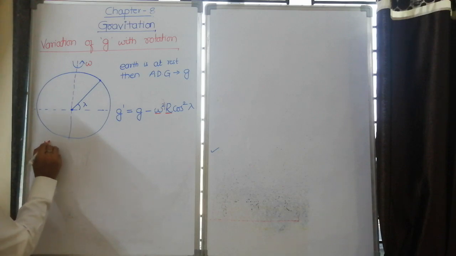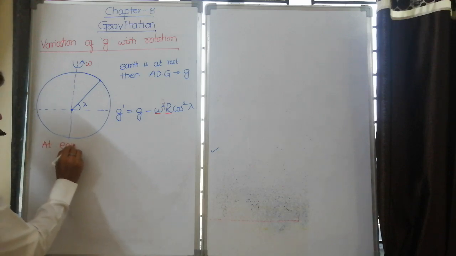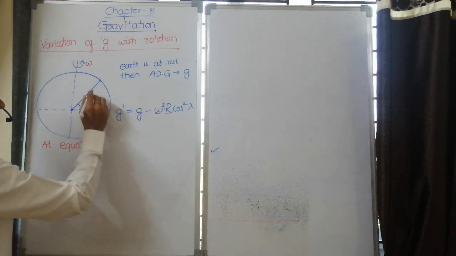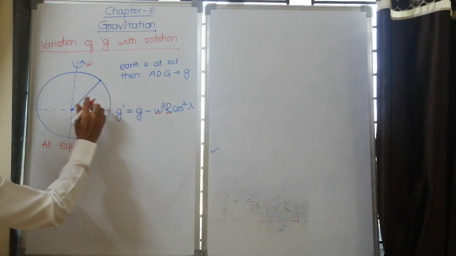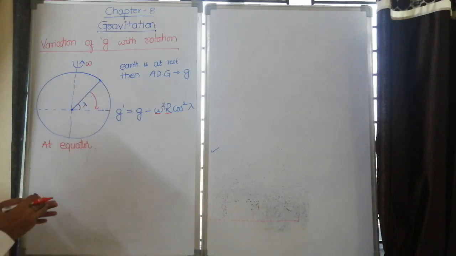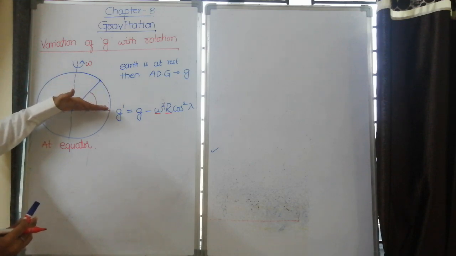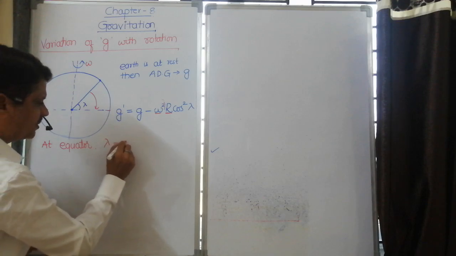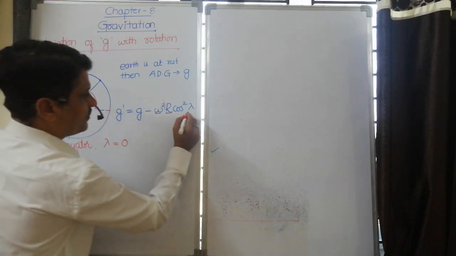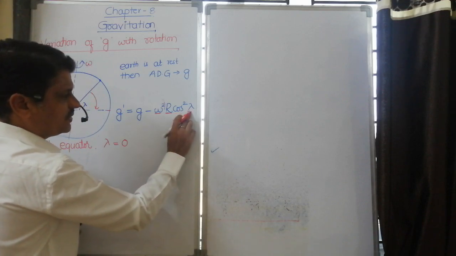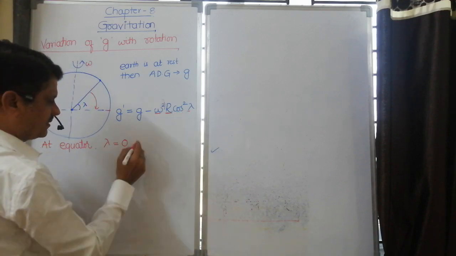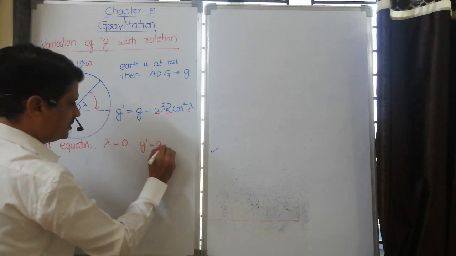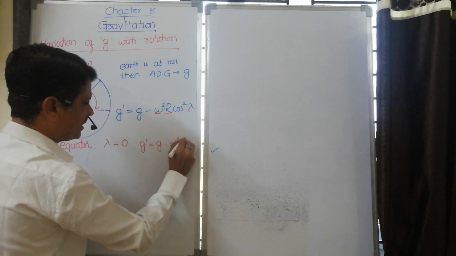First, at equator. As the point comes toward the equator, lambda goes on decreasing. So at equator, lambda is equal to 0. When it is 0, cos 0 is 1, 1 square is 1. Hence I can say g dash is equal to g minus omega square r.